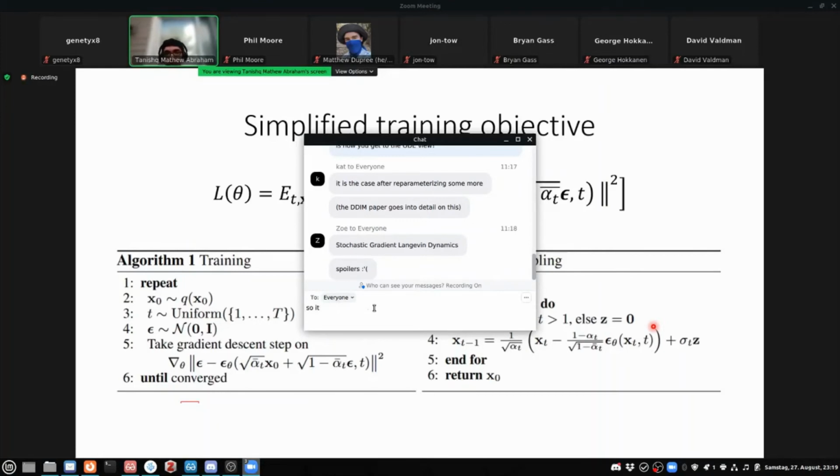And there's this algorithm known as stochastic gradient Langevin dynamics, which says if you have that gradient of the probability distribution, you can then sample from that probability distribution. We'll talk about that in the upcoming weeks, but that's why we have that, because otherwise, if you're just having the gradient of the function, it's called a score.